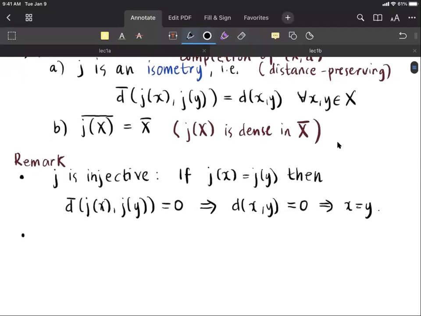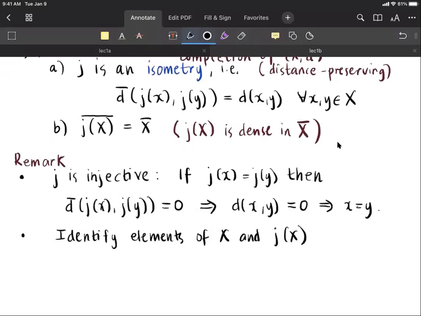So in this case, since J is injective, we can identify uniquely elements of the domain and the image.